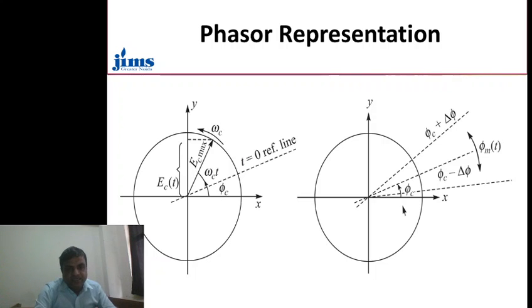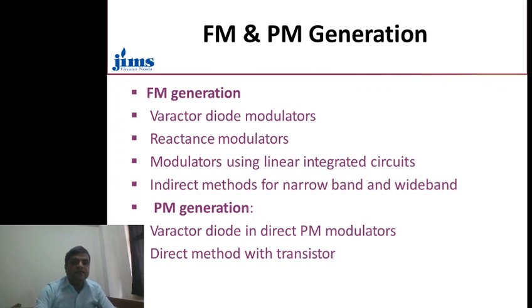See here, with the reference line, one is the frequency variation and in the second the phase phi is varying. Then FM generation: first, FM can be generated by the varactor diode modulator. Then we use the reactance modulator. Then we use linear ICs to generate FM. There is also the indirect method, which means first we generate narrowband FM, then we convert the narrowband to wideband FM.